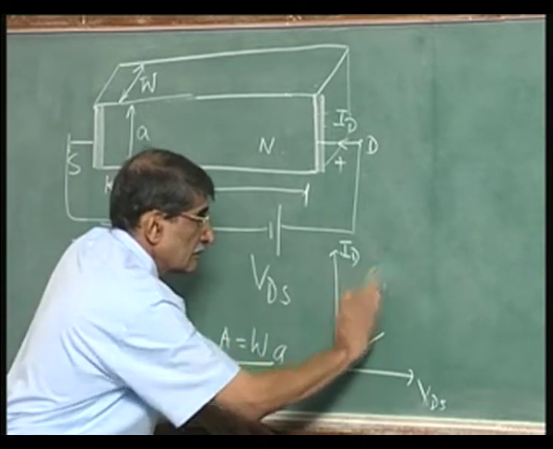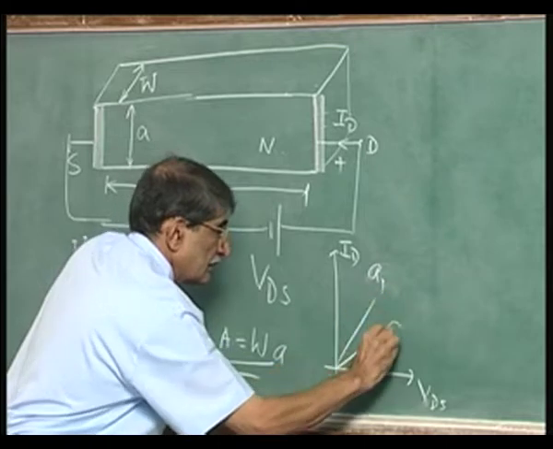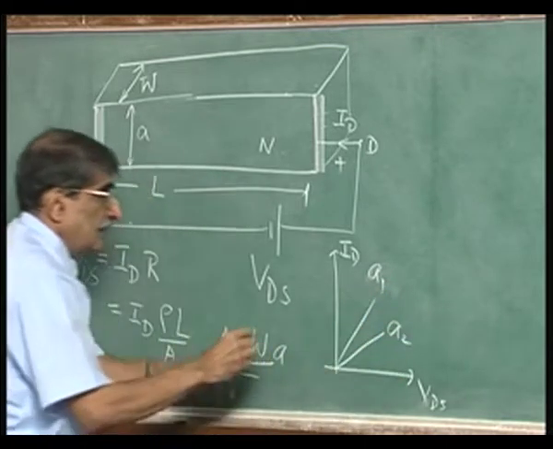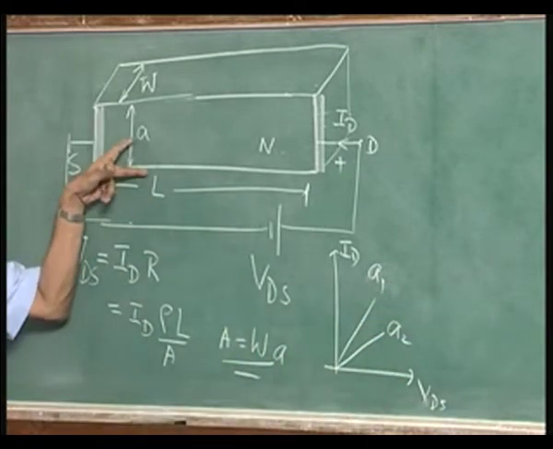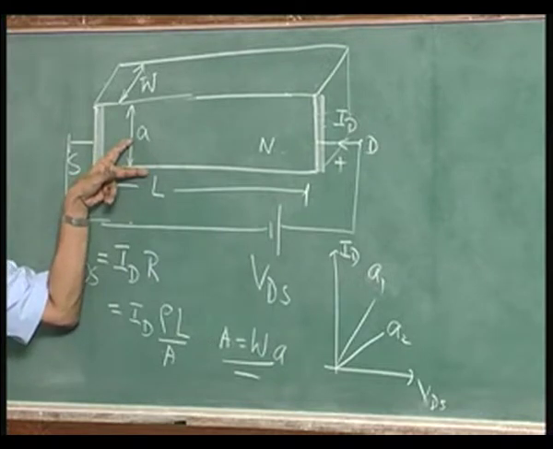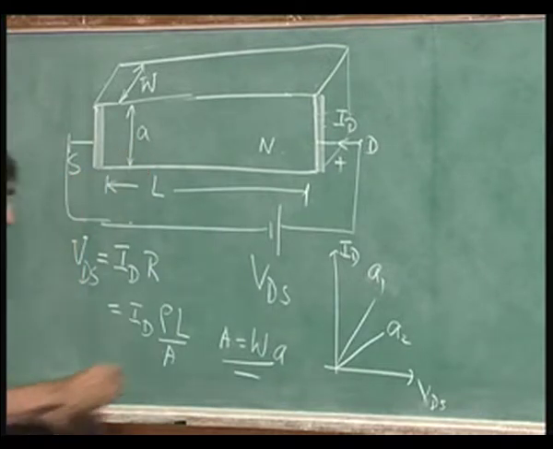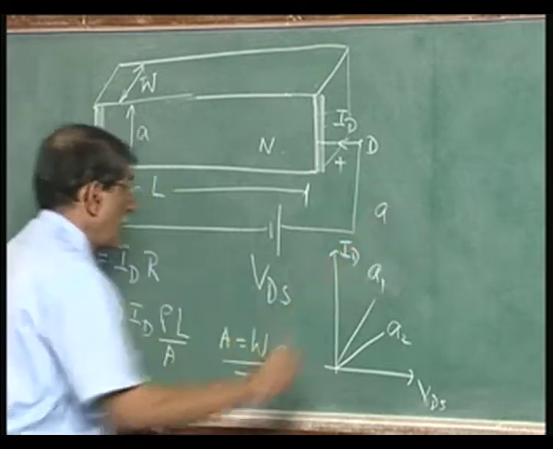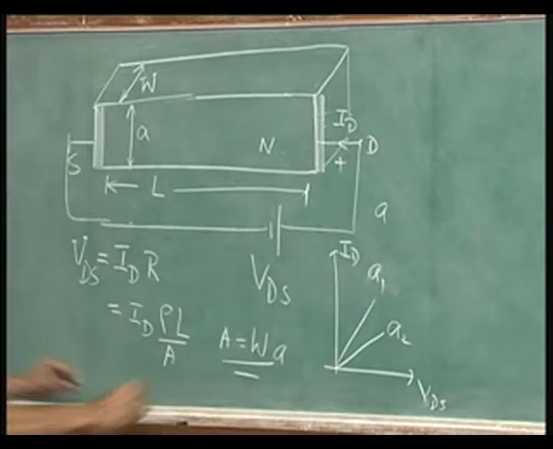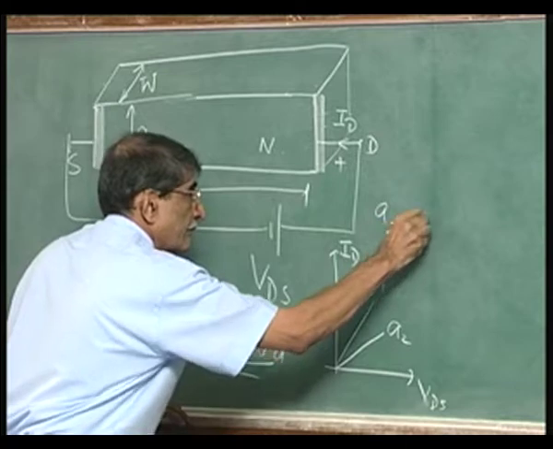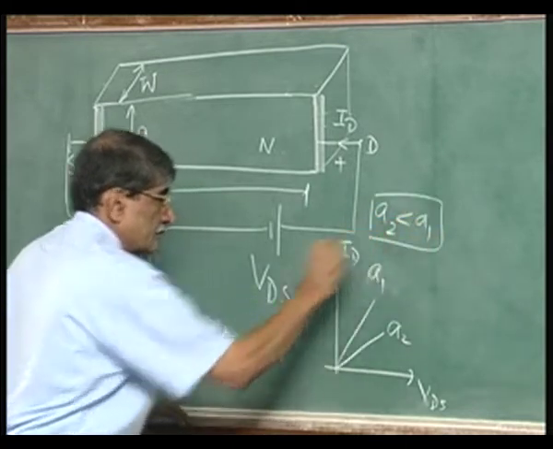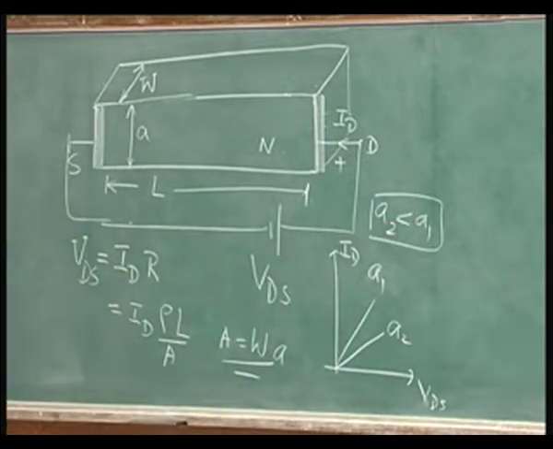A1, A2, and A2 will be less than A1. This is actually the understanding that you have got when you take area reduction.